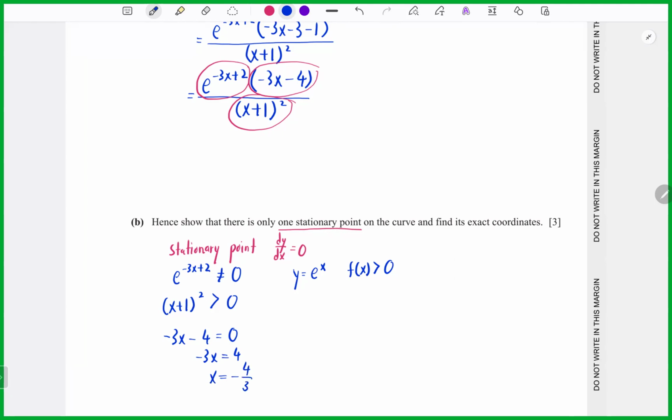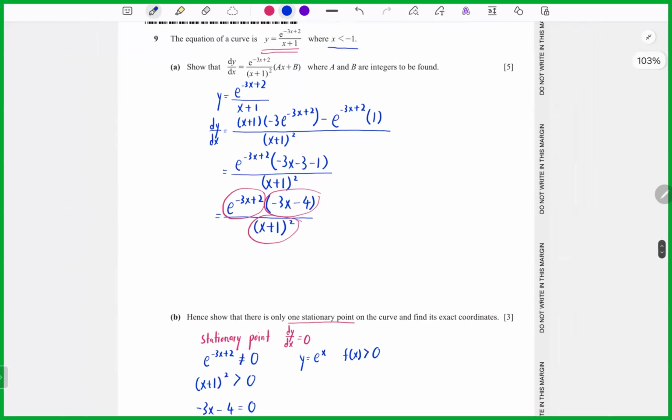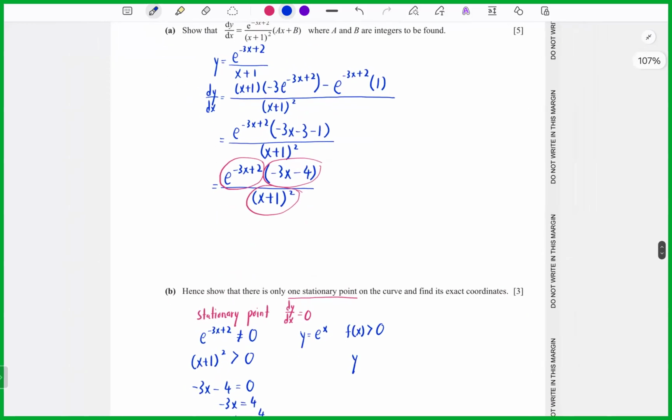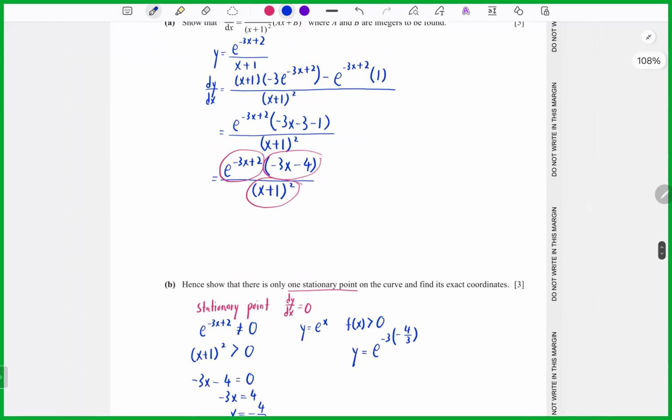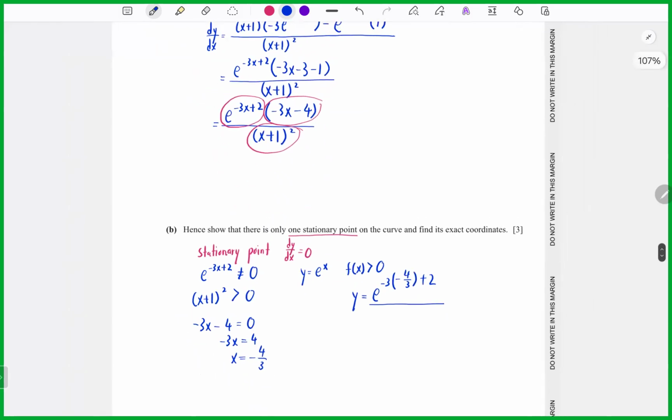So you can write y equals e to the negative 3 brackets negative 4 over 3, plus 2, over negative 4 over 3 plus 1.